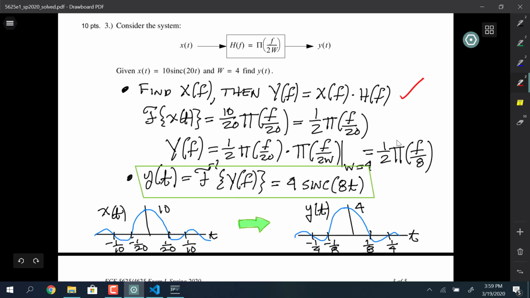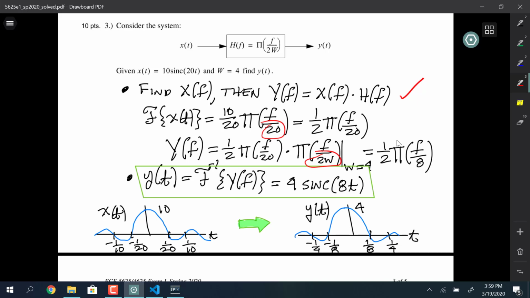The filter is band limiting, so it takes the spectrum of the signal and band limits it, because this f over 20 means that the spectrum runs from -10 to +10 hertz, whereas the filter, when you plug in 2W, runs from -4 hertz to +4 hertz.